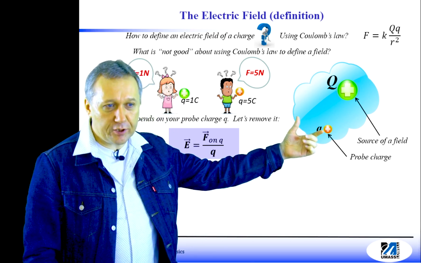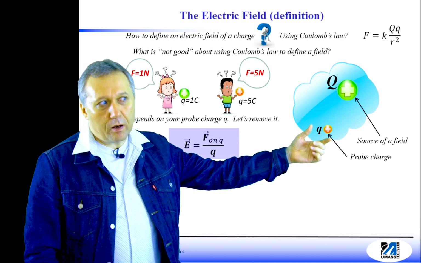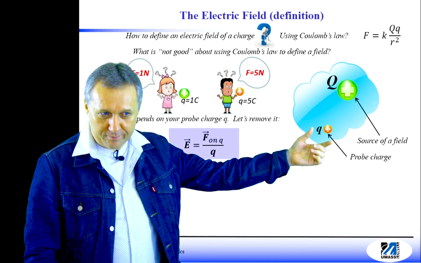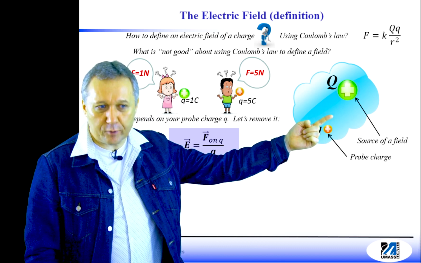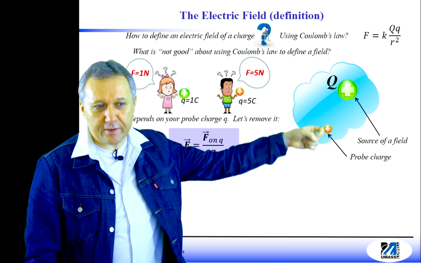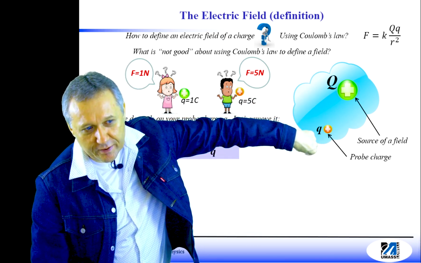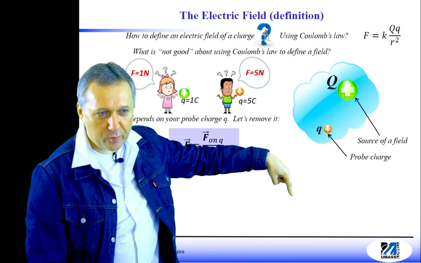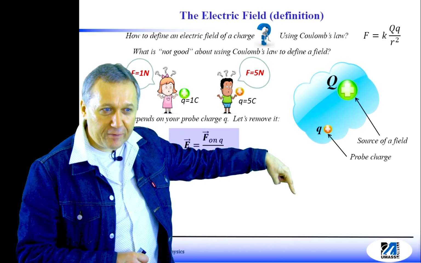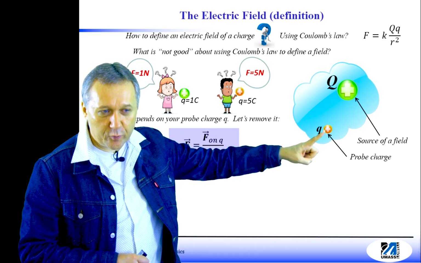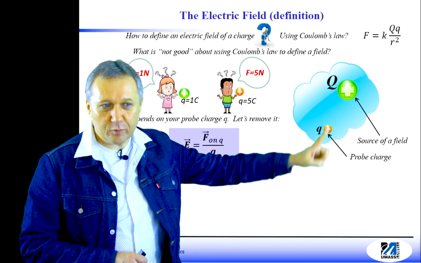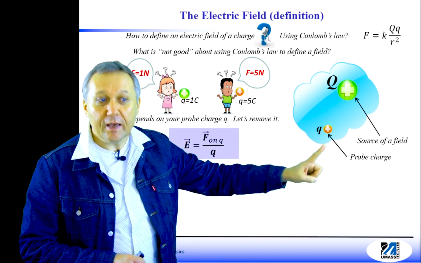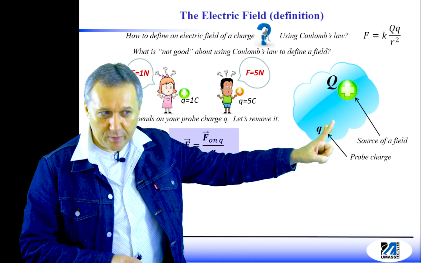So if I use here, for example, a positive probe charge, of course it will be repelled from the source of the field, and as a result, electric field will be pointing that way. Away, right? Electric field will be pointing away. But if I use a negative charge, of course, that charge will be attracted, force that way, and electric field will be that way.